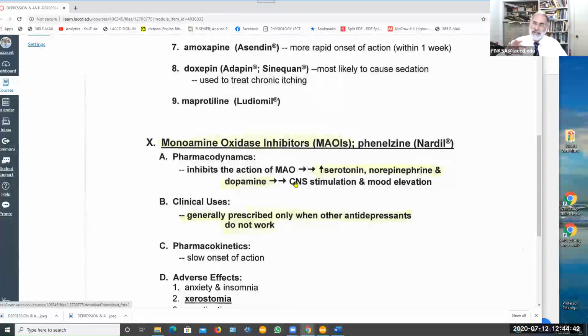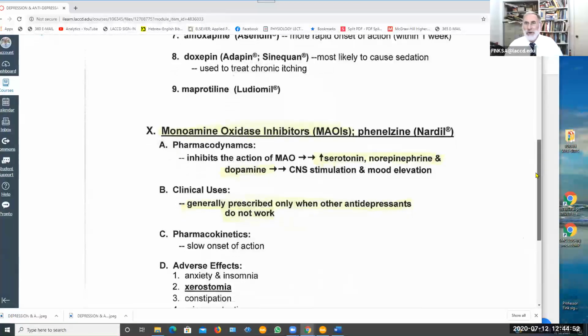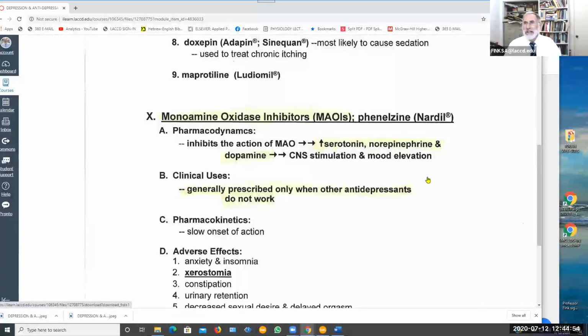If you inhibit the enzyme, then the result is increased levels of these catecholamine neurotransmitters, these biogenic amines in the brain. So the effect of MAO inhibitors is that it raises serotonin, norepinephrine, and dopamine levels and elevates the mood and energy level and so on.